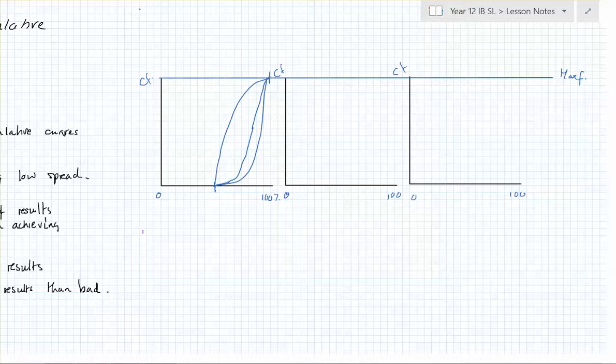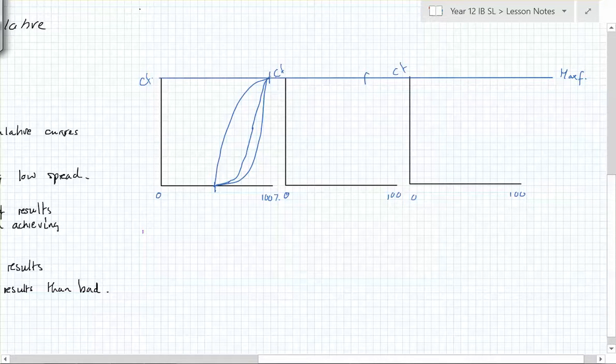So, for instance, not that high achieving, the maximum mark is going to be slightly lower. So maybe I only go up to that point. So I only achieve maybe 70% or something. So it doesn't go all the way up. Even spread would suggest it's kind of straight.